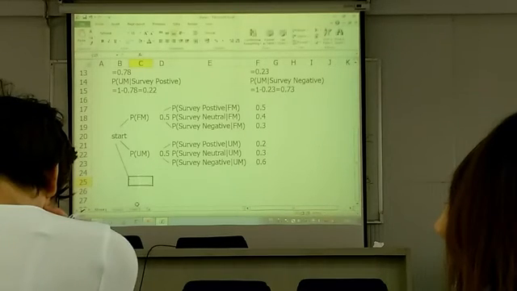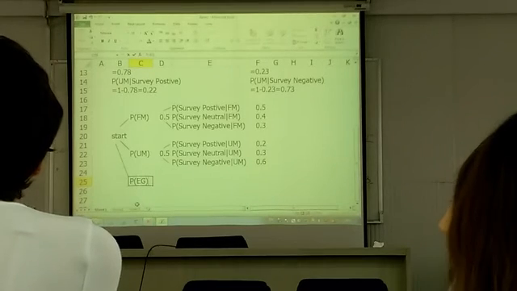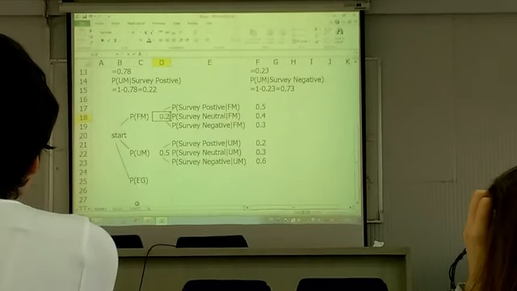And probability of an extremely good market, e.g. extremely good, I'll just have whatever rate. 0.2, 0.4.